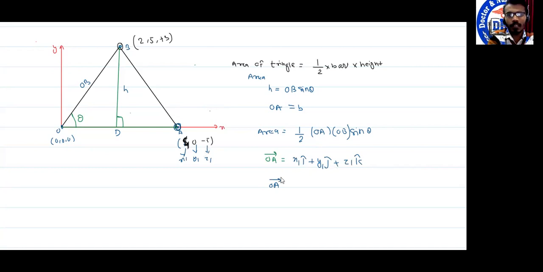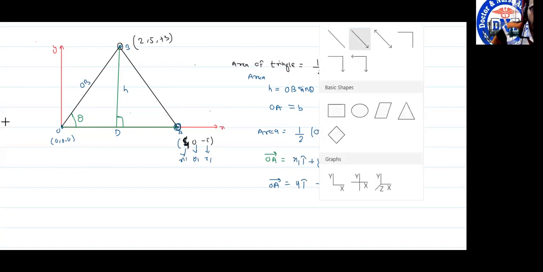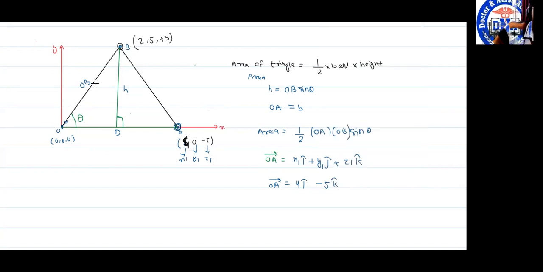In this situation, you know that it is 4 i cap, 0 j cap, minus 5 k cap. Correct? And now, if you draw a vector like this, O to B, you again have a position vector, the OB vector.